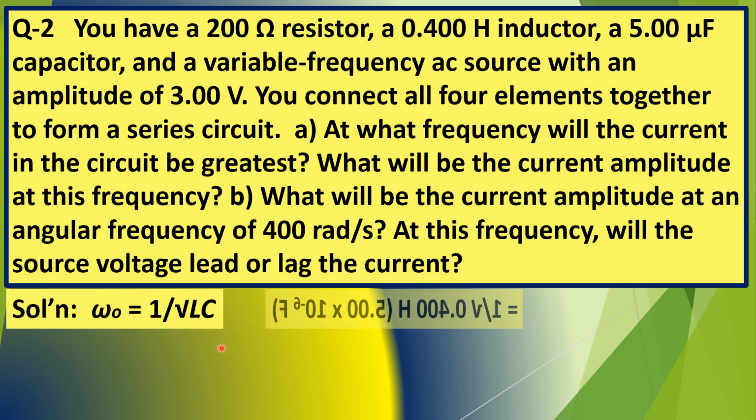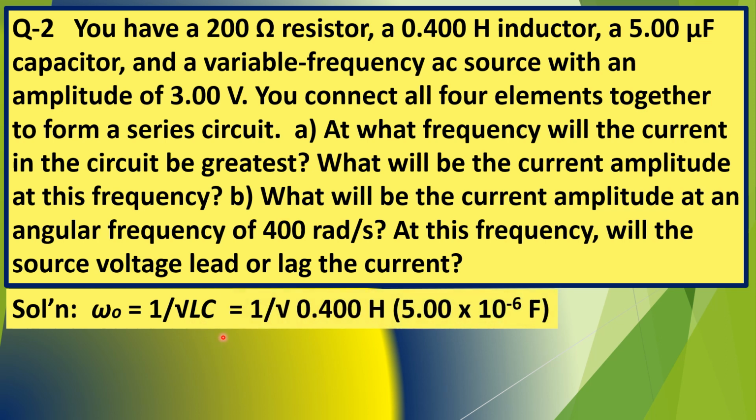And substituting, we have 1 over square root of 0.400 Henry multiplied by the capacitance 5.00 times 10 to the negative 6 farad. Simplifying, we'll get the value of omega naught equal to 707 radians per second.